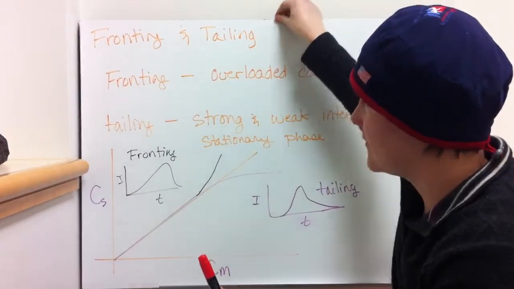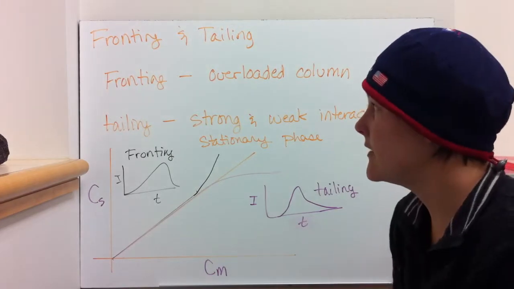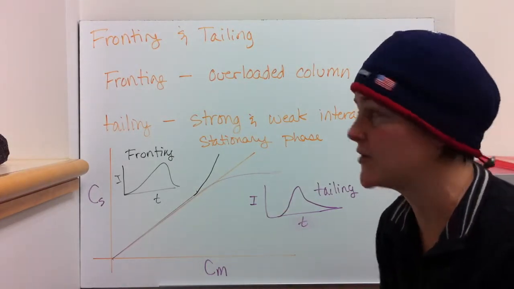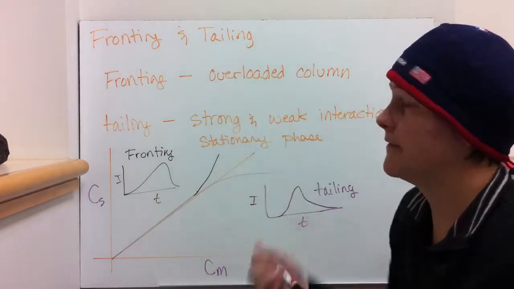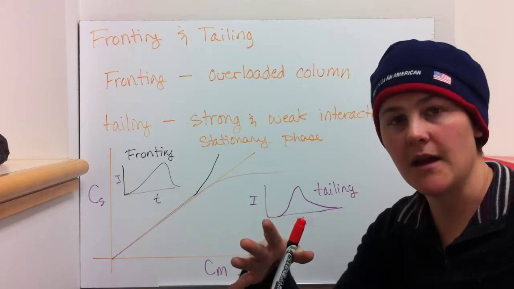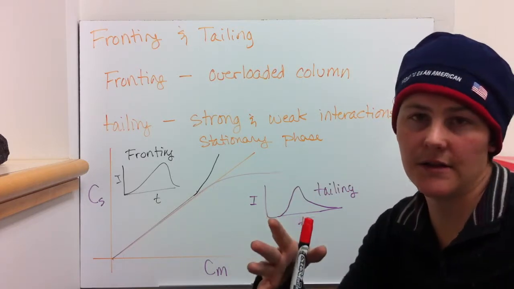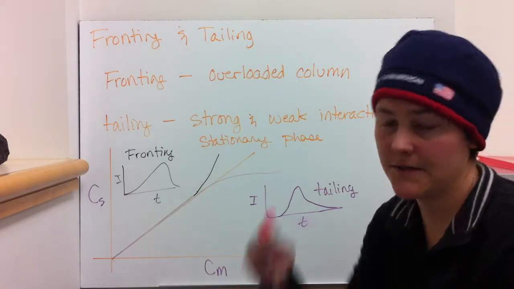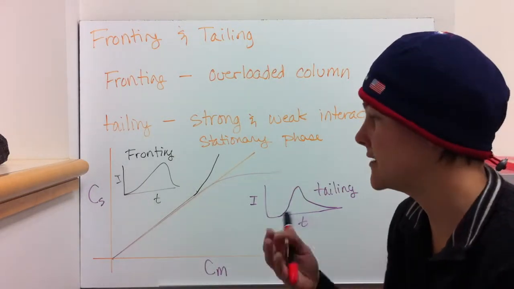Another thing that you want to think about if you're looking at an asymmetrical peak is the idea of fronting, where the front end of your peak doesn't look Gaussian, it looks asymmetrical, or tailing, where the back end of your peak tails off and isn't symmetrical.